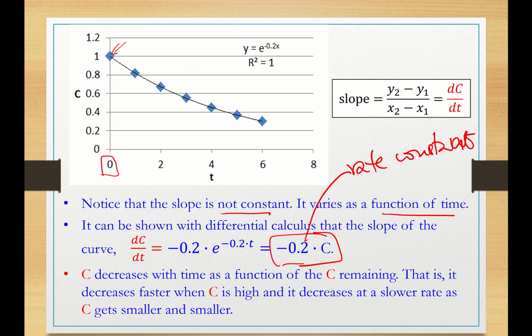So I don't have a constant rate of elimination in this case. I have a variable rate of elimination, but that rate is described by a rate constant and the concentration of the drug present in the body at particular time periods.